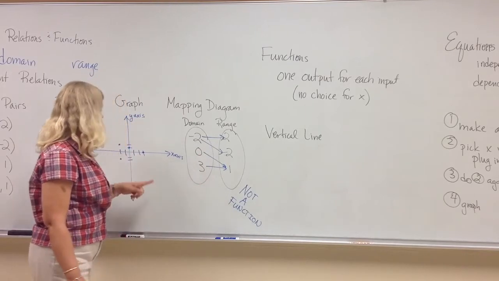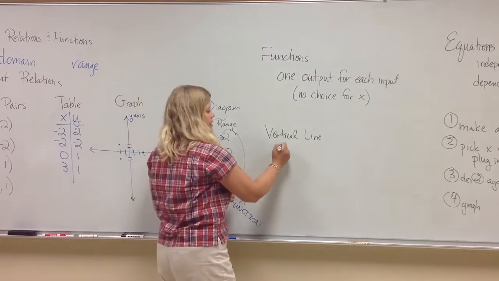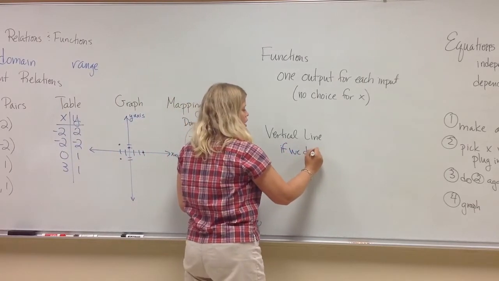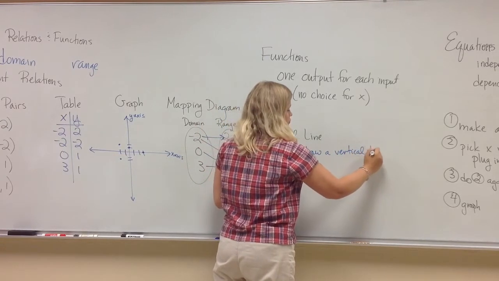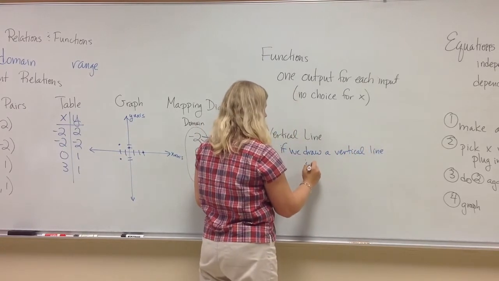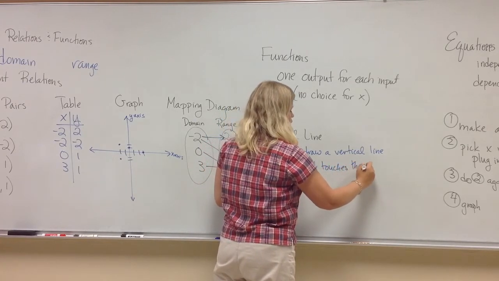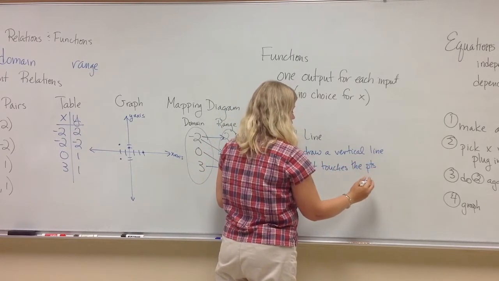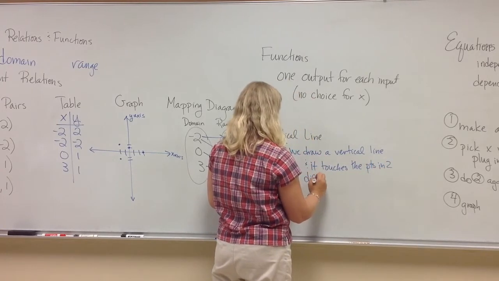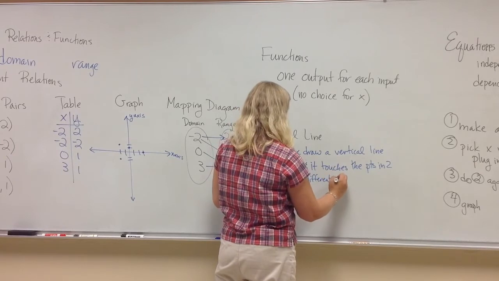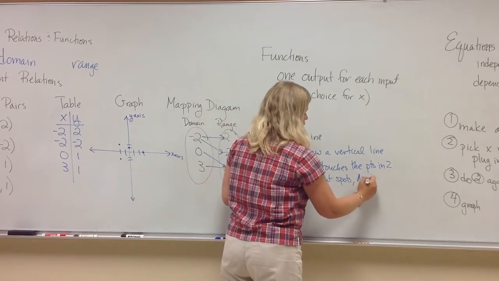Another thing you can look at is called the vertical line test. What that says is if we draw a vertical line and it touches the points in 2 different spots, not a function.